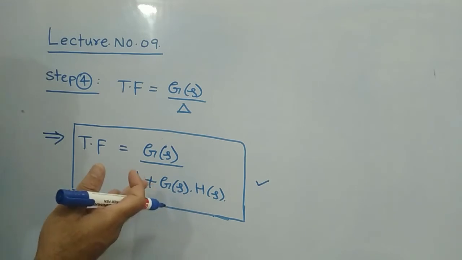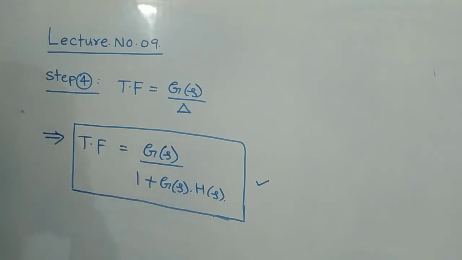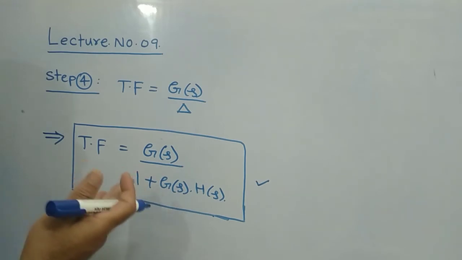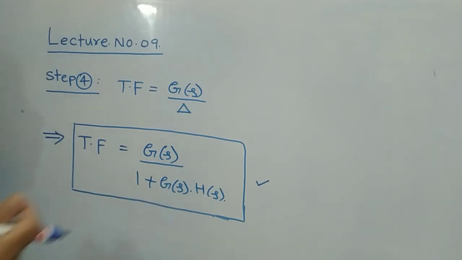Can you remember that? Actually, in our first or second sessions, we have already seen this kind of a transfer function for a particular system. Have you remembered what it is? It is nothing but a closed loop control system with negative feedback.